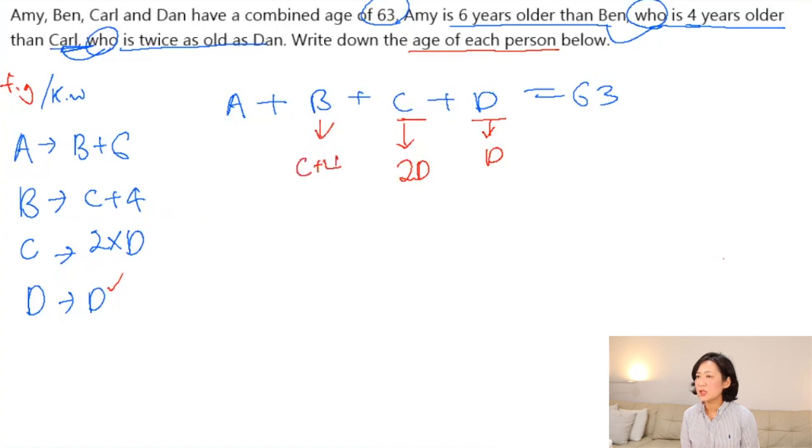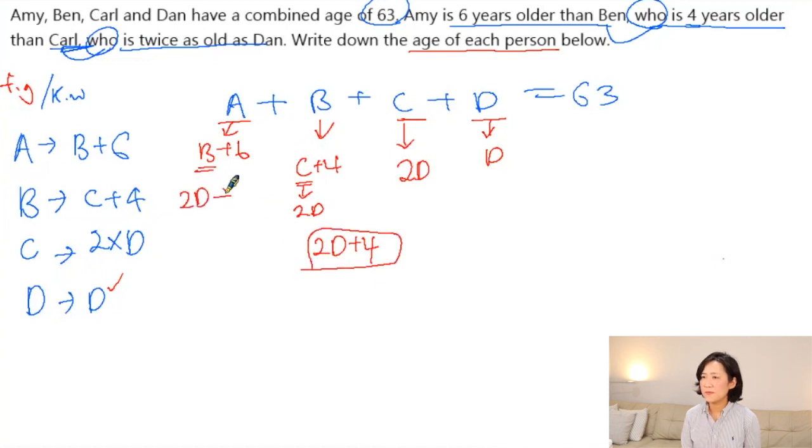Since C is 2D, we can rewrite it as 2D plus 4. Now let's have a look at A, which is B plus 6. B is 2D plus 4. Now 2D plus 4 plus 6 gives you finally 2D plus 10.